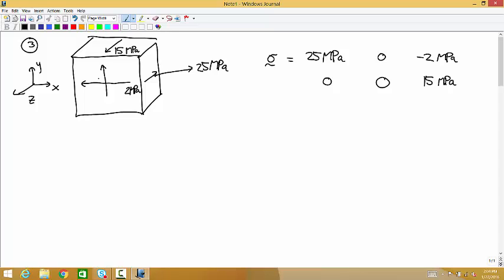And then on the z face, we have 2 megapascals in the negative x direction. That's also required by symmetry. We have 15 megapascals in the positive y direction, and that's also required by symmetry. And then nothing in the z direction.